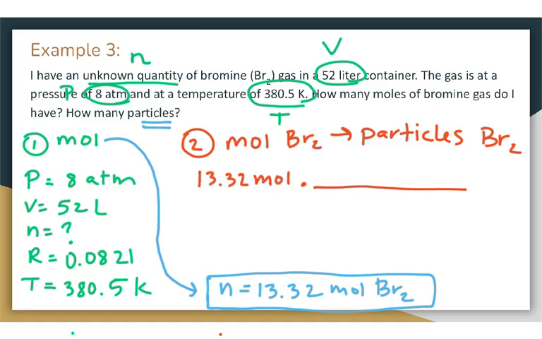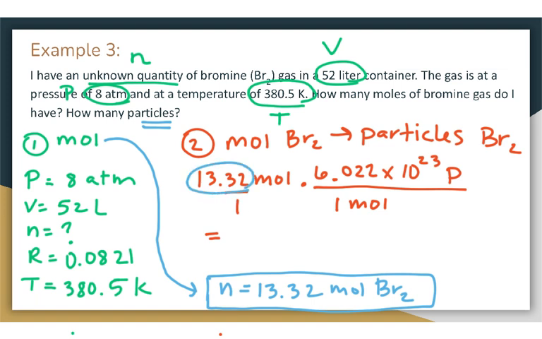And to go from moles, so 1 mole on the bottom, to get that to cancel, that's going to be 6.022 times 10 to the 23rd particles on the top. And to solve, again, we're going to multiply our 13.32 times that 6.022 times 10 to the 23rd.